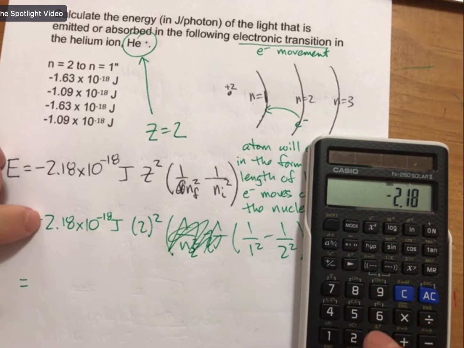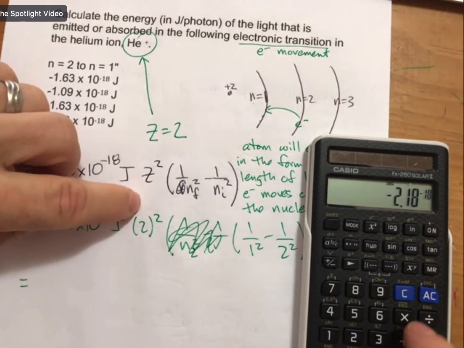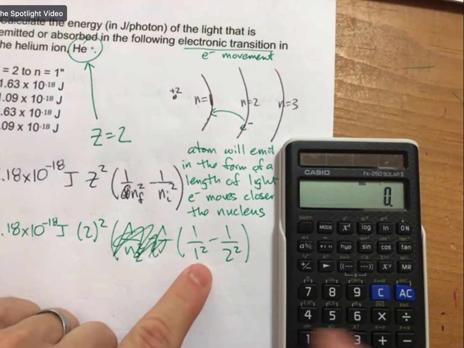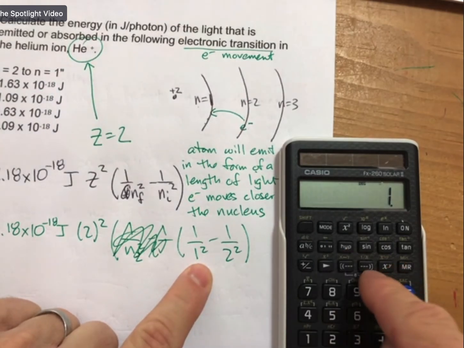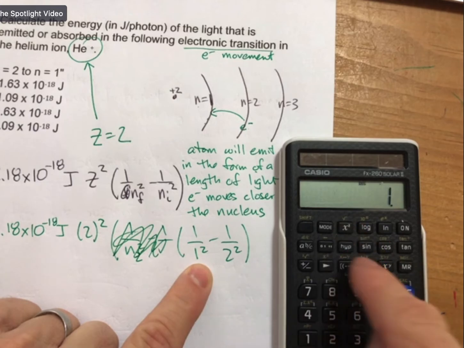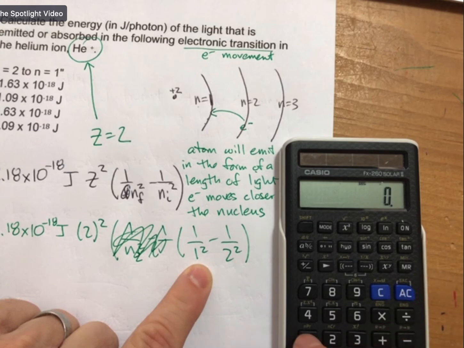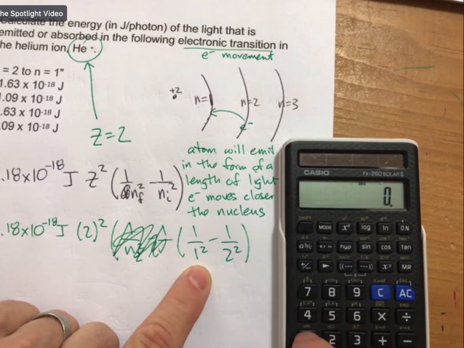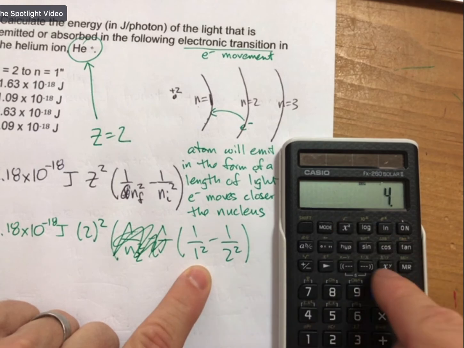2.18 minus exponent 18, sorry, I have to do the part in parentheses first and then work my way across. So 1 over 1 squared minus, hold on, I think I might have done something out of order. 1 over 1 minus 2 squared.